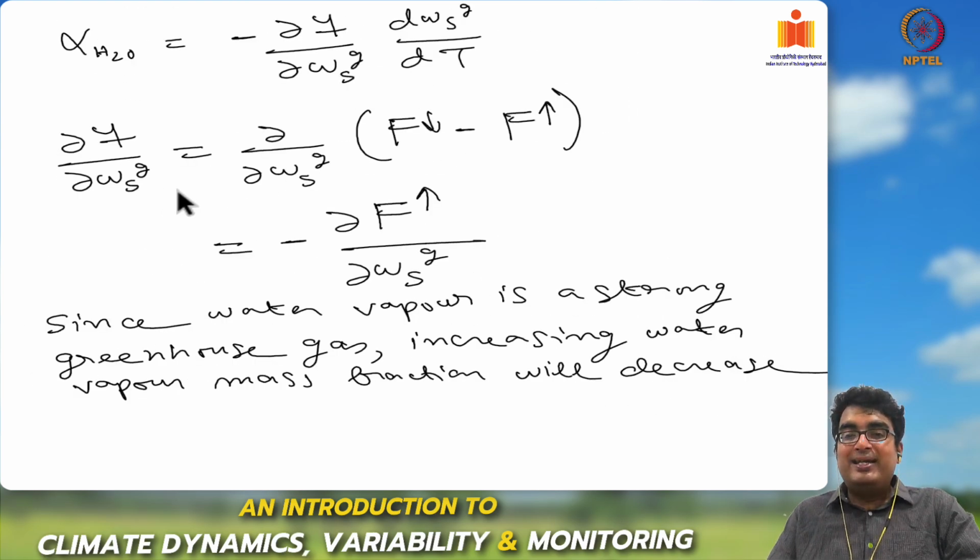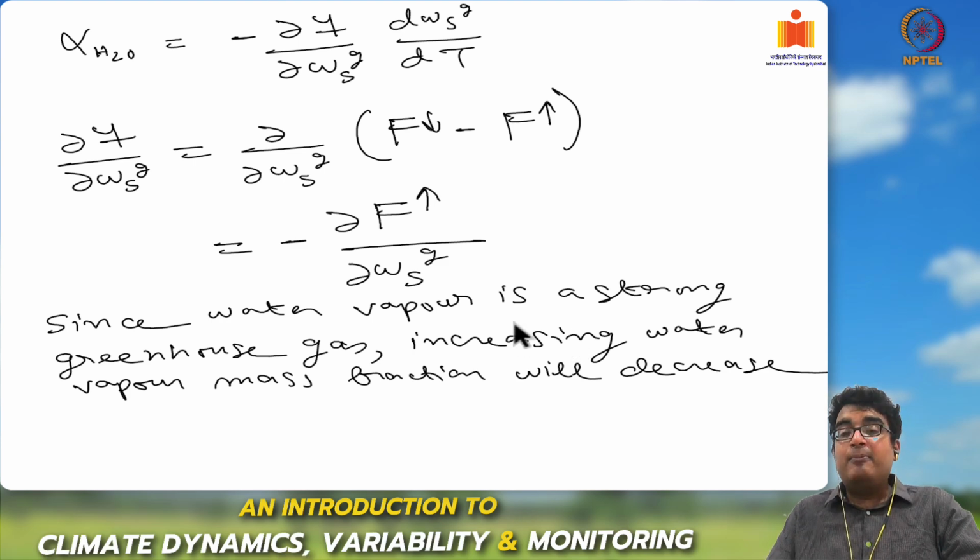Del F by del omega_sg is del by del omega_sg of the downward absorbed short wave radiation flux minus upward emitted long wave radiation flux at the tropopause. The absorbed short wave radiation is being held constant, F0, 240 watt per meter square. So this term vanishes in the differential. So you get minus del F upward by del omega_sg, this term only.